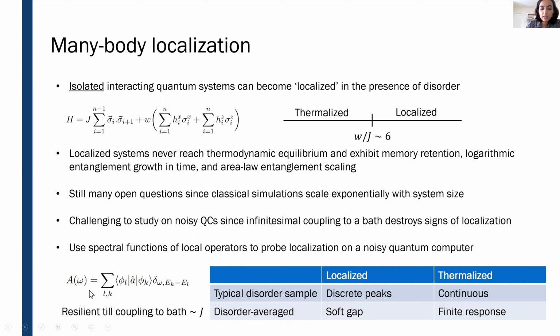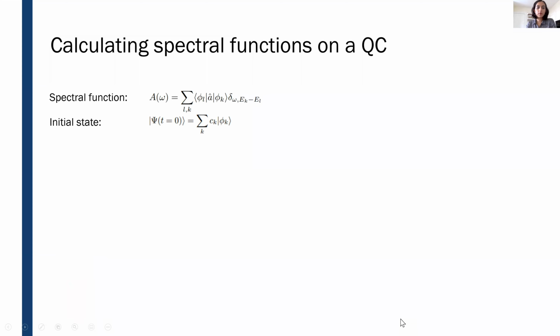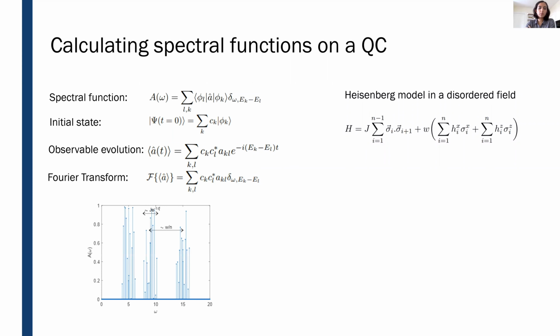It has some interesting properties in the localized phase that are very different from the thermalized phase. For instance, near zero frequency, it has a soft gap, versus the thermalized phase, which does not show that gap. Basically, we found a way to measure that spectral function on the quantum computer by performing time evolution under the Hamiltonian.